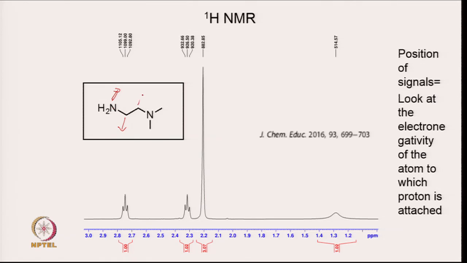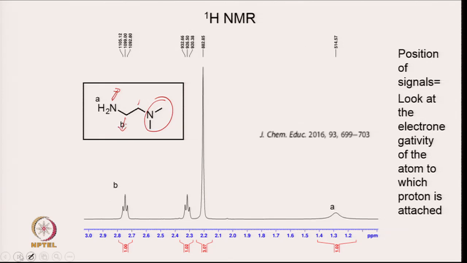These protons are attached to the N(CH3)2 group, which is less electronegative than the NH2 group, and so these protons will come at a higher chemical shift position, whereas these protons will come at a lower chemical shift position.